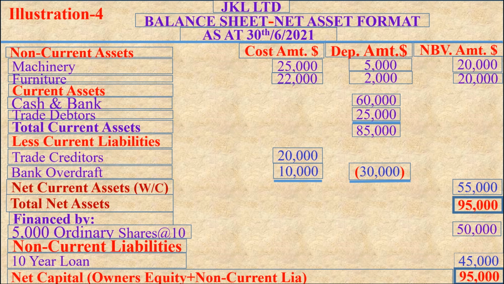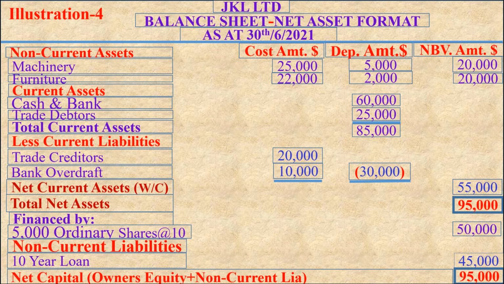So when it comes to current assets, we cannot record them in gross perspective. We need to knock out the total current liabilities as follows. That is, we indicate the cash in hand and cash at bank, 60,000, trade debtors, 25,000, which translates to 85,000.